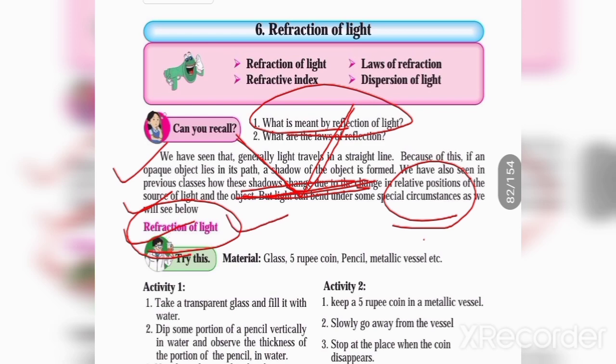But opposite to that, in refraction of light, the light ray passes through this surface to the other part, that is, from one medium to another transparent medium. We will study this point in depth.